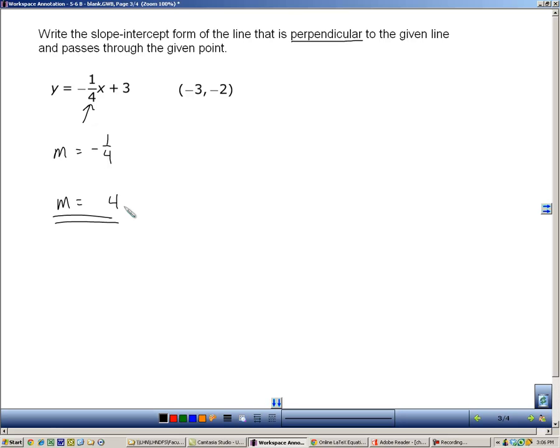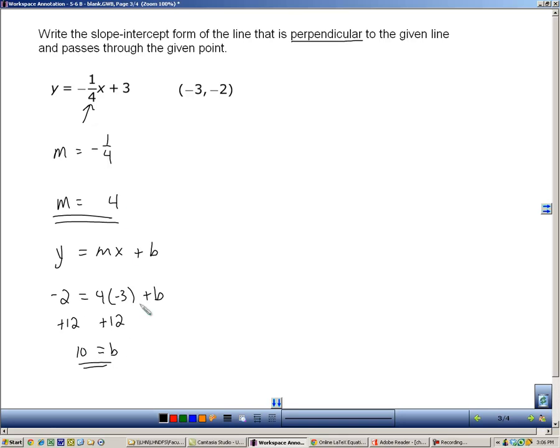The rest of it is similar to the way we've done this before. I'm going to plug in my x, y, and m here. So negative 2 for the y, m is 4, x is negative 3. 4 times negative 3 is negative 12, so I'm going to add 12. And this gives me a 10, so b is 10.